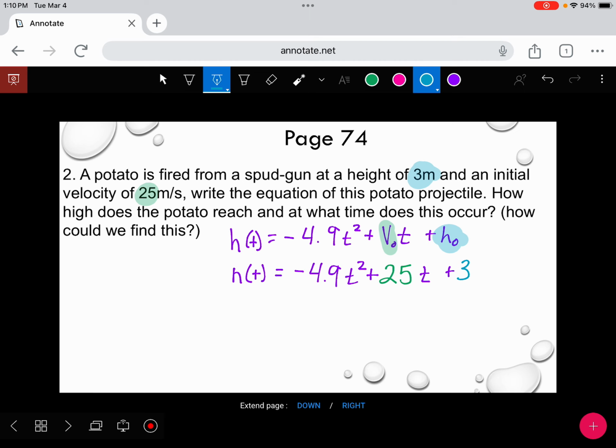Starts with a V. Vertex. Can we find the vertex in this form of the equation right now, with things that we have talked about so far? No. So if I really wanted to know how high this is going to go and when is it going to get there, how could I find that out?